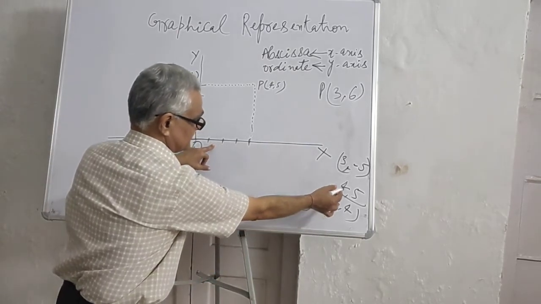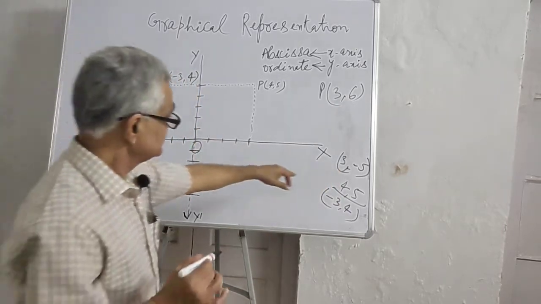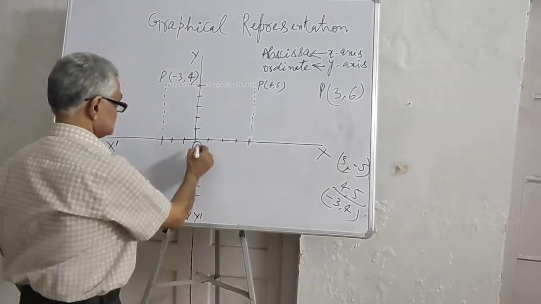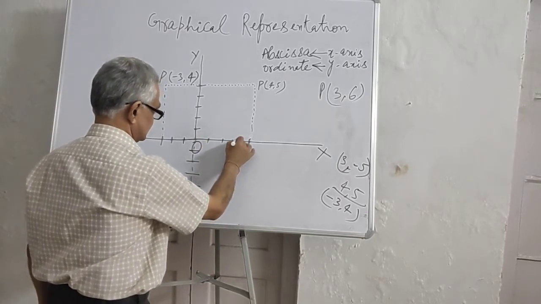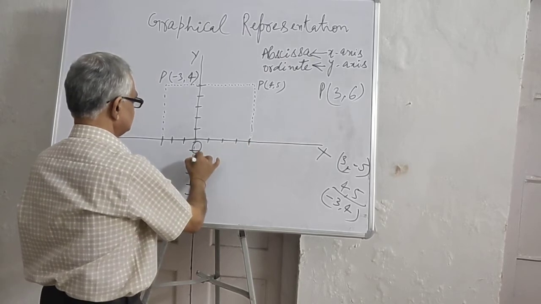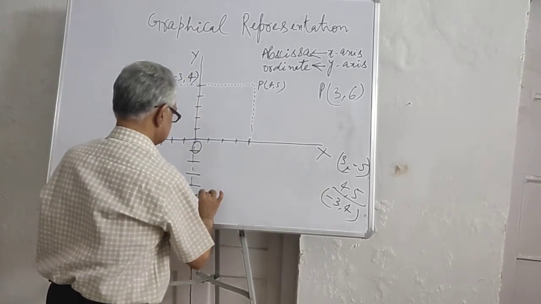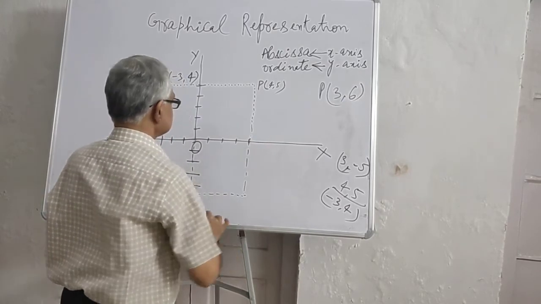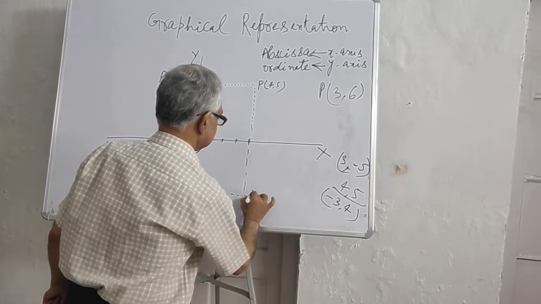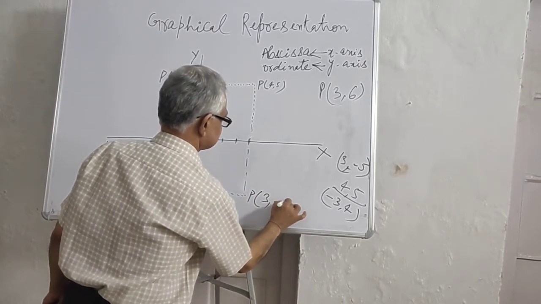This 3 is positive, so it is along x-axis 1 2 and 3, this point. And again here 1 2 3 4 and 5 with minus. इसलिए ये जो लोकेशन का पॉइंट हुआ, इसी को हम क्या कहेंगे? This is a point P in coordinate system, that is 3 minus 5.